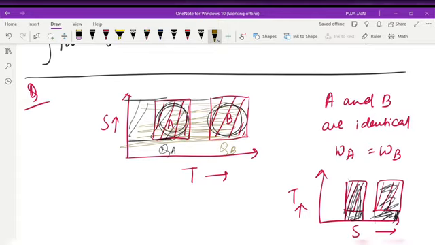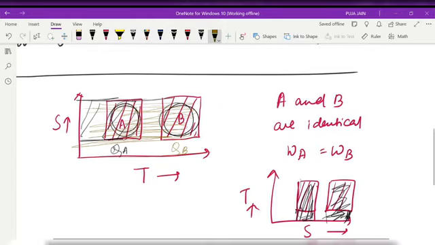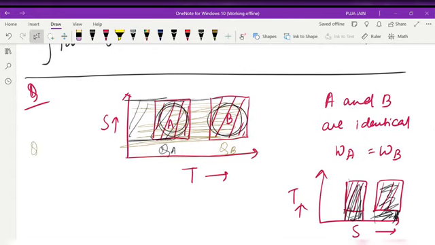Now suppose nothing has been given here, no point and nothing, so we have to just assume. Suppose we need to find QA first, and QB. In the question they have asked for eta A by eta B, basically the ratio between these two efficiencies.